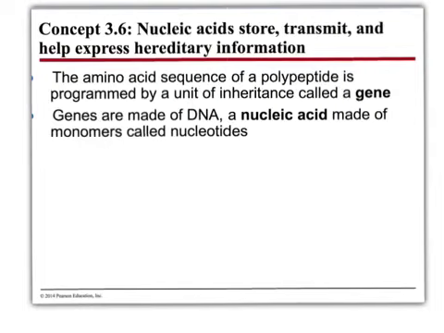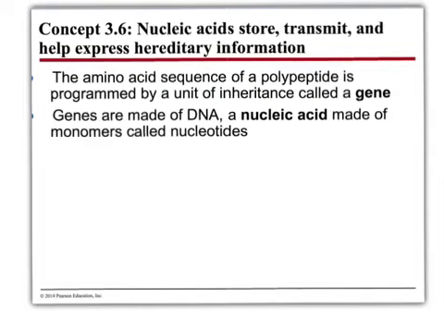Okay? By saving that genetic information, you ensure that subsequent generations of cells can code and produce that protein to do that function. Okay? That's the importance of genes. Right? Genes are made up of DNA, right, which is a nucleic acid, made up of monomers called nucleotides.